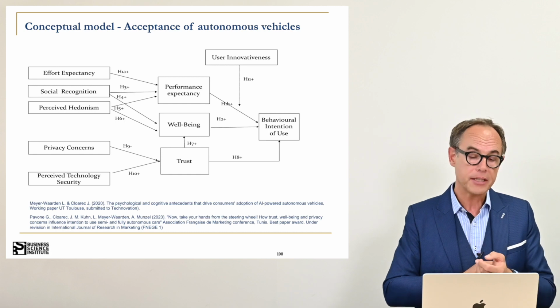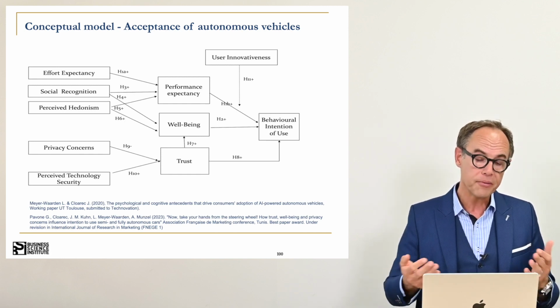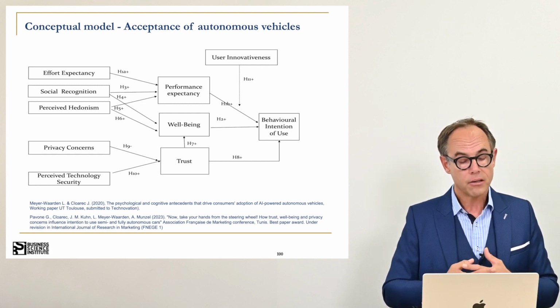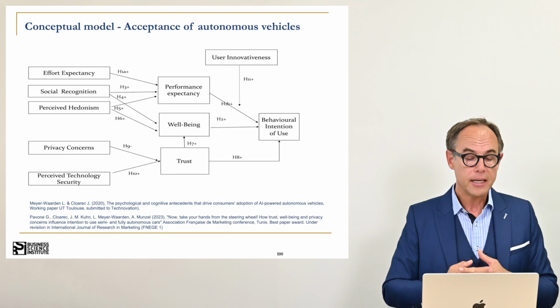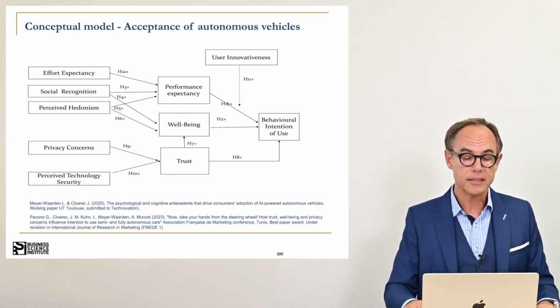Again, you see in the upper part the UT model impacting positively well-being and performance expectancy. And you have the trust risk conceptual framework in the lower part, impacting negatively trust and subsequently well-being and intention to use.